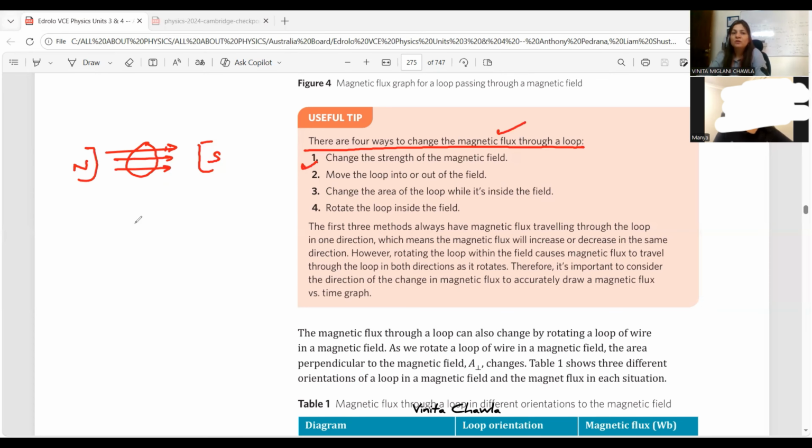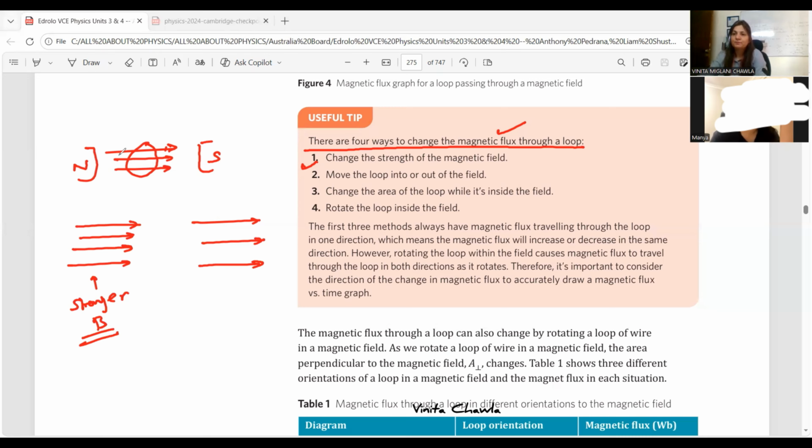So if we draw the field lines quite close together, or we draw the field lines at a little distance, where do we have the stronger magnetic field? In the first one. Yes, in the first situation, magnetic field intensity is greater, so it is a stronger magnetic field. So field lines basically indicate the strength of magnetic field intensity at any point. So if we change the strength of magnetic field, then we can change the magnetic flux linked with the loop.